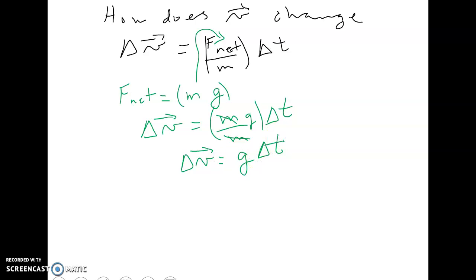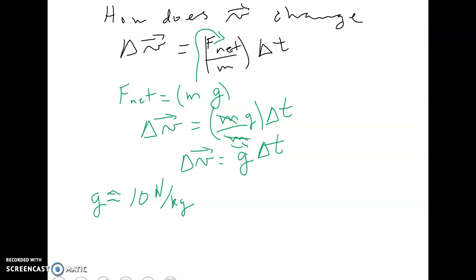Now, in a previous chapter, what we said was that g was the field strength of the gravity. So g was 9.8 or approximately 10 newtons per kilogram. It tells you how much force per unit mass gravity has.